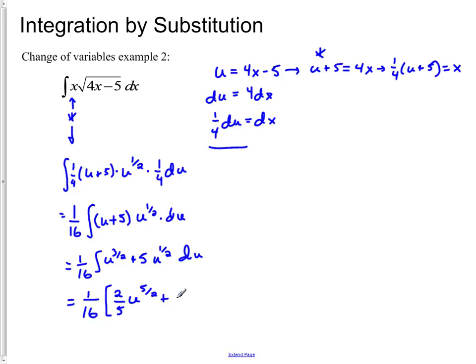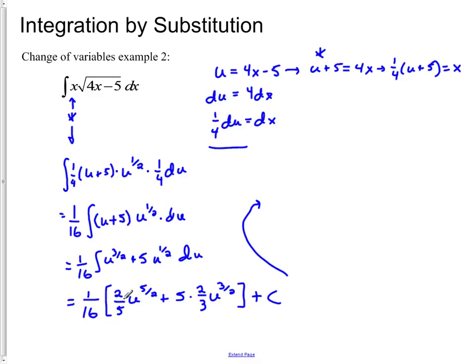And we're adding to that 5 times u to the 1/2. 1/2 plus 1 is 3/2. So it's 5 times 2/3 u to the 3/2. We just saw that expression in the last example. Plus our constant c.